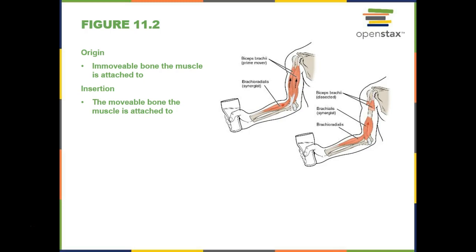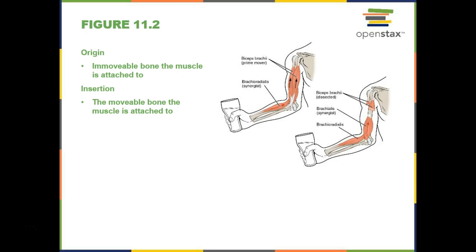So we have a region of the muscle that is attached by a tendon to a bone that is immovable, and that is called the origin. And then we have another region of the muscle that is attached to a bone that is movable, and that is the insertion. So the biceps brachii is a muscle that is attached to the scapula and to the radius.